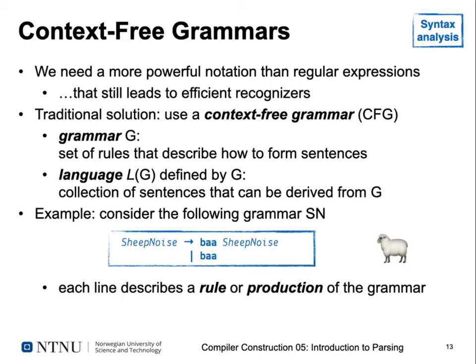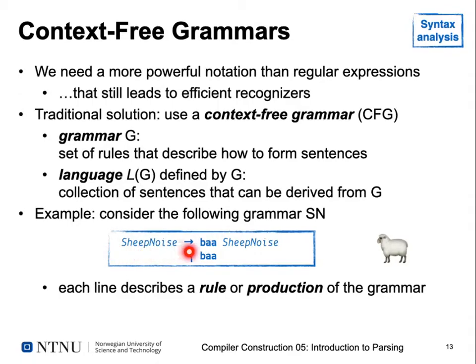So let's start with a very simple example of a grammar we call SN for sheep noise. So this thing just generates sheep noise. Sheep don't generate, well, I never had sheep, but I can imagine sheep don't generate a very varied language, but can only say, for the sake of example here, ba. So what do we have here? We have some rules here, so some derivations, and we say, let's just take it by intuition.